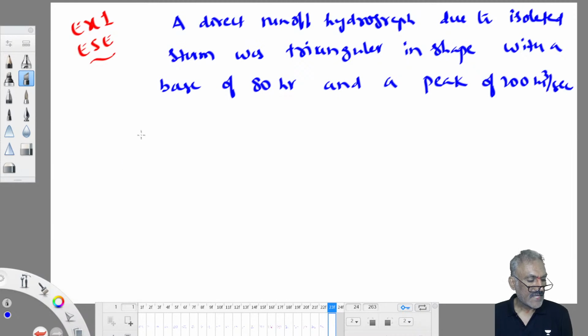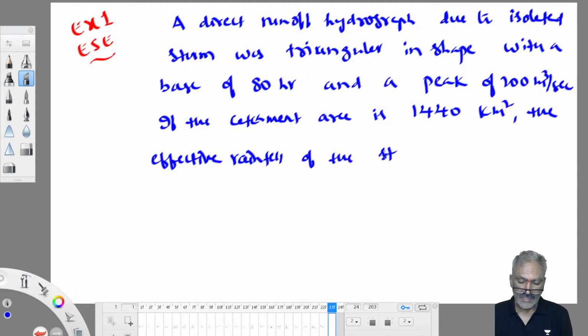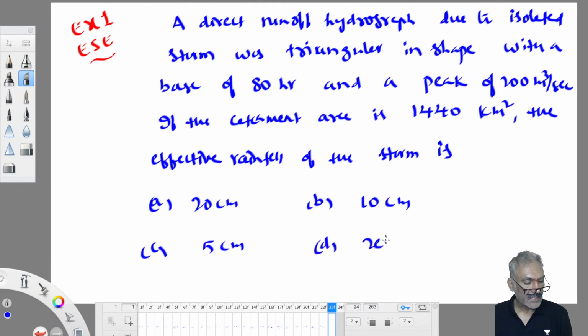Okay? If the catchment area is 1440 kilometers square, the effective rainfall of the storm is, options are given: A, 20 centimeter; B, 10 centimeter; C, 5 centimeter; and D, 2 centimeter.